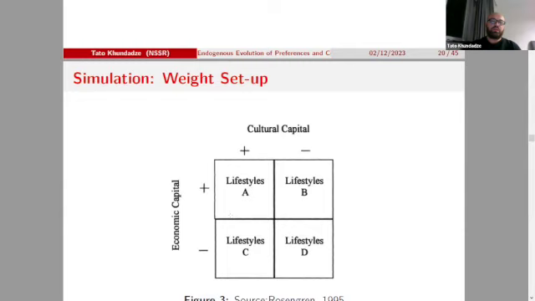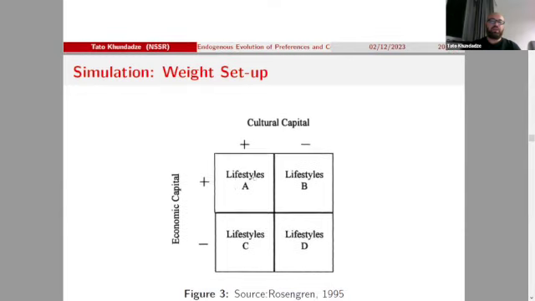Let's say agent A, or consumer A. What kind of consumer is A? A is a person who has high economic capital, is relatively rich, and has high cultural capital, which as a proxy we may measure, for instance, by education, the upbringing, etc.